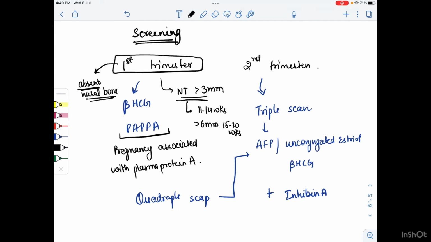While these scans we do trimester-wise: if we do the triple scan, then alpha fetoprotein, unconjugated estriol and beta HCG will be there, and if we do the quadruple scan, then inhibin A also we have to check. Now, what levels do we find in Down syndrome? Please remember HIGH.